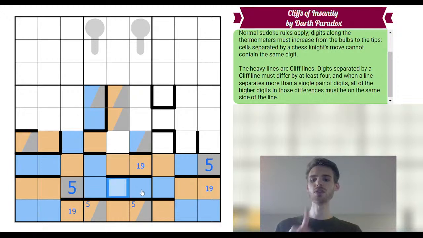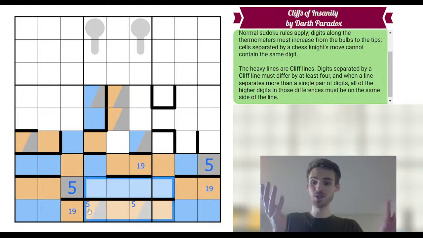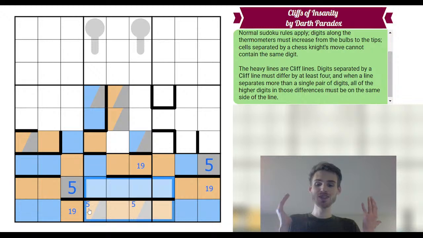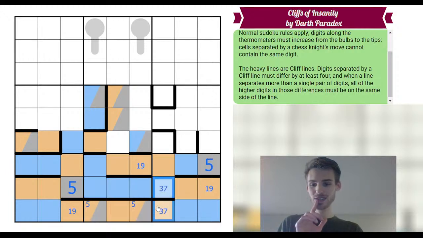Oh, wait. No. Think about the other way. There are 2 3, 7s in here. There has to be 2. So could we put 2 3, 7 pairs into box 8? Well, that would be 4 cells with 3 and 7. So no, we can't. So this is a 3, 7, which sees this by knight's move.